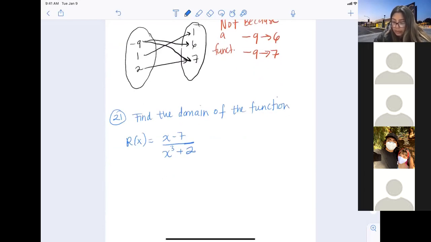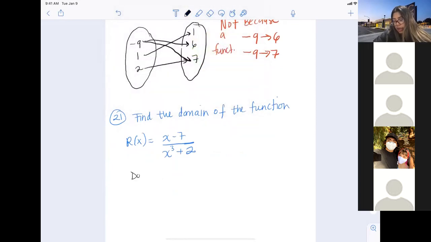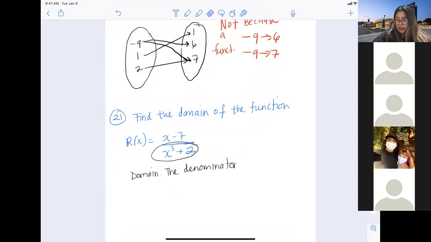The only location where I'm finding the domain of a rational is that your denominator cannot equal 0. The denominator, let me change this one to an x. Oops. So x cubed plus x. The denominator cannot equal 0.